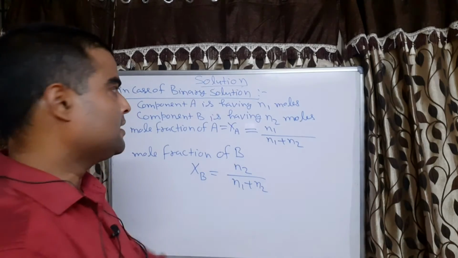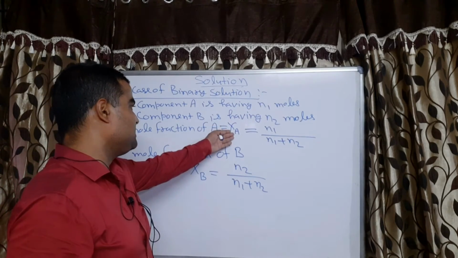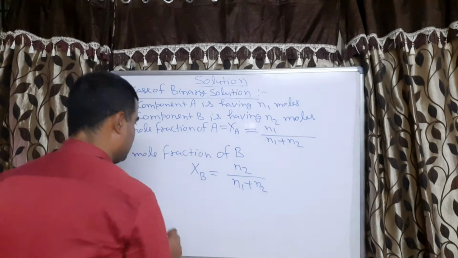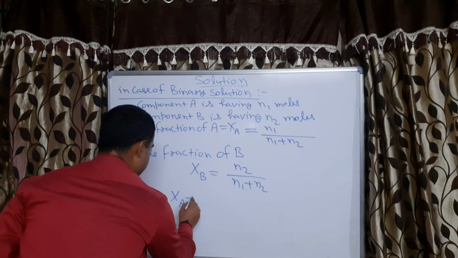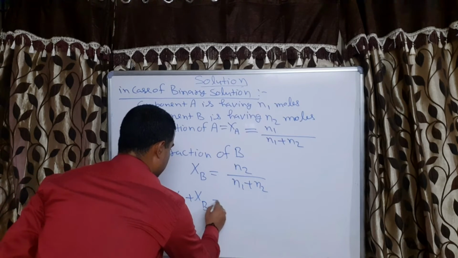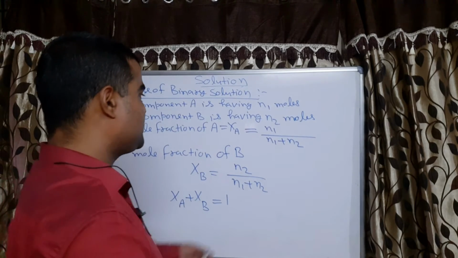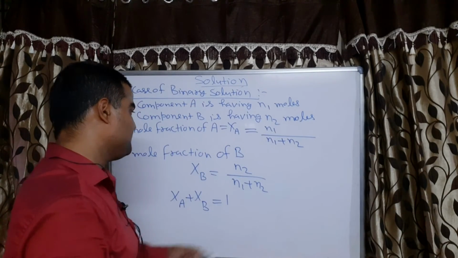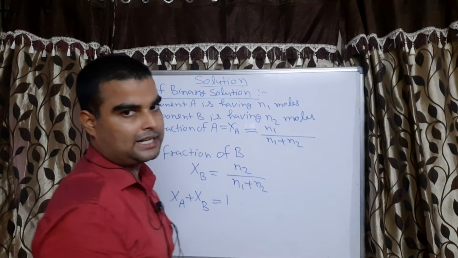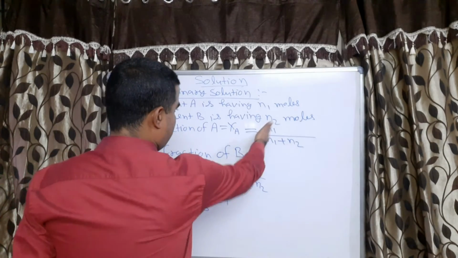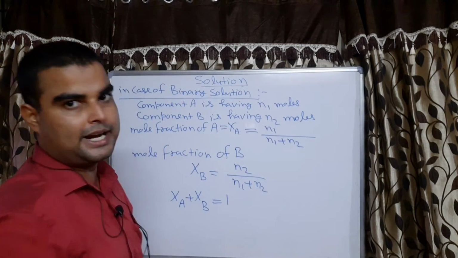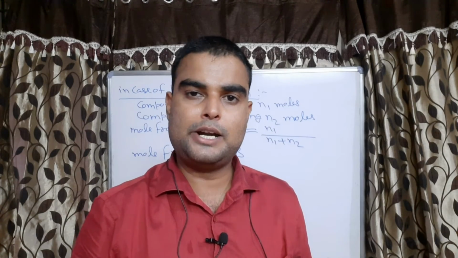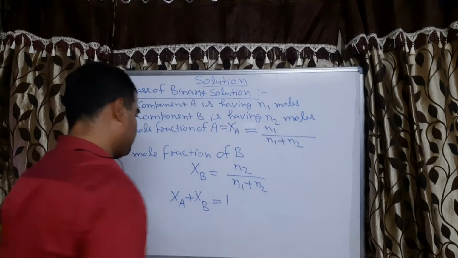Now when we add mole fraction of A and mole fraction of B, what will come? XA plus XB will come equal to 1. You can add it and see the result. It will come 1 only, because N1 plus N2 divided by N1 plus N2, the numerator will cancel the denominator and it will come 1.